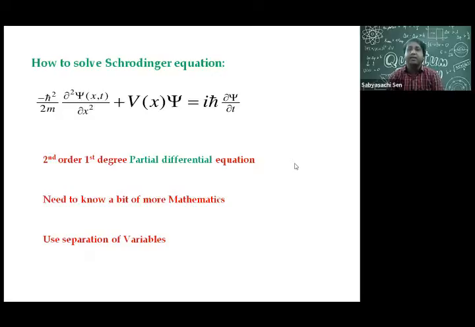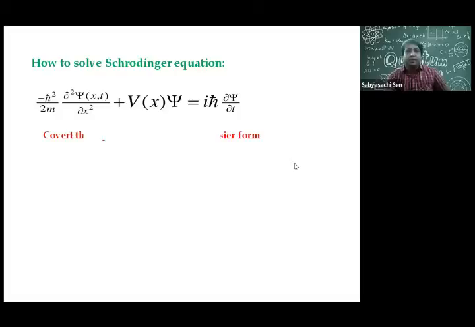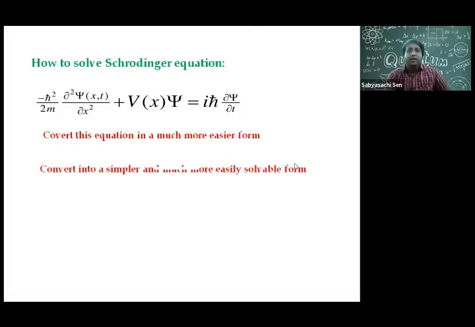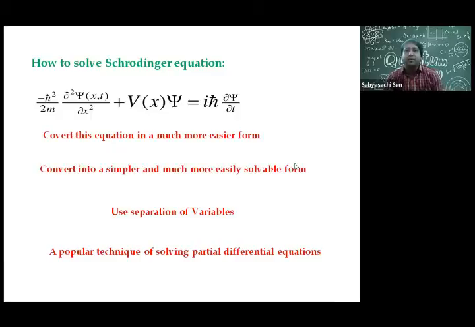We'll adopt the technique to convert this Schrodinger equation into a very simple, beautiful form, and that form is easily solvable. It's very easy to solve. Anybody can solve this equation. Okay, let me do it.